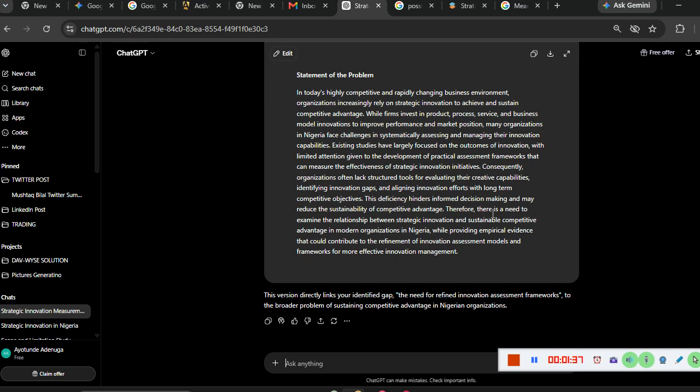Then we would say, in respect to the research gap, what are the variables to measure the objectives?